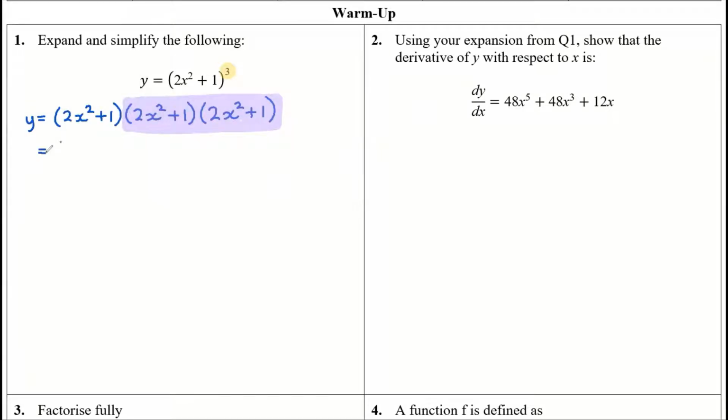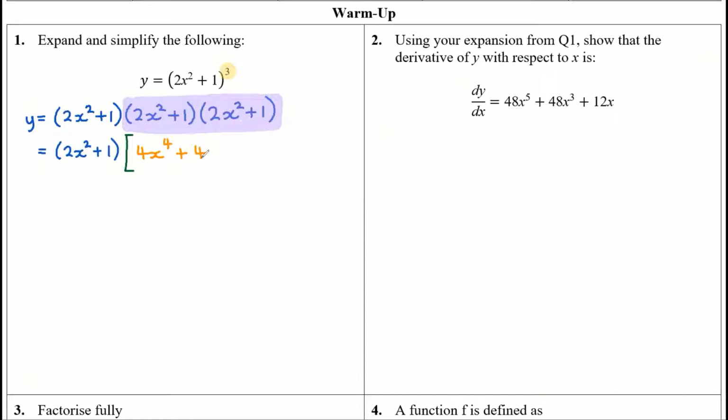Now, if I do that, of course, we're going to get the following. Again, this is a good exercise in algebra skills, isn't it? 2x squared plus 1. Now, let's open up a big square bracket and multiply out what's inside. 2x squared multiplied by itself is obviously going to be 4x to the power 4, plus 2 lots of 2x squared.